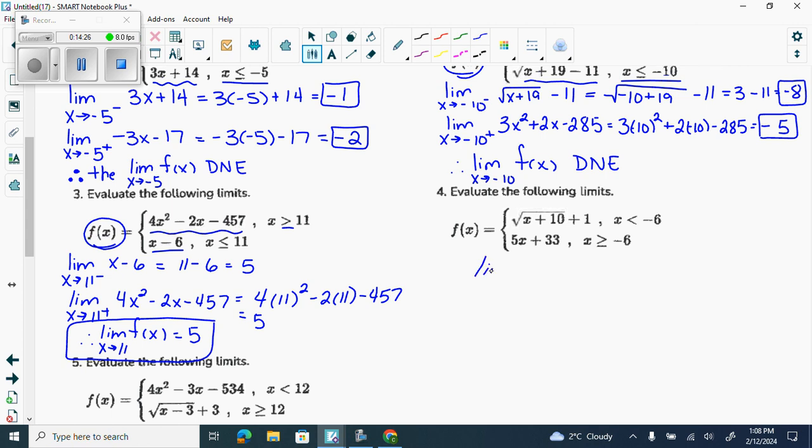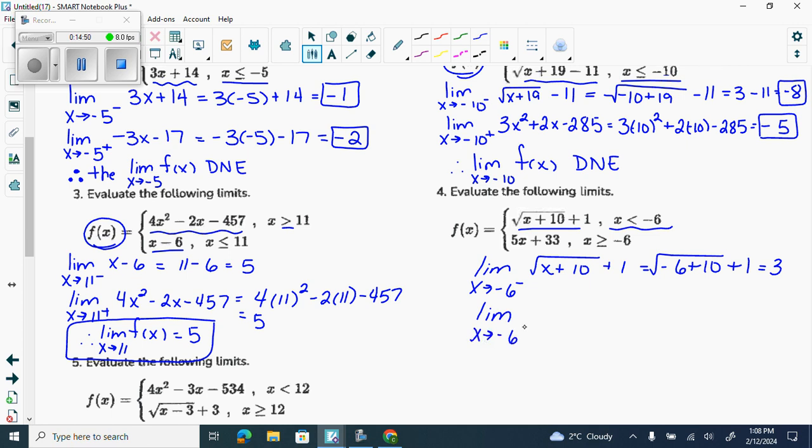And then we have the limit as x approaches -6 from the left. This is the less than now. So we get square root x plus 10 plus 1, which is -6 plus 10 plus 1, which is 3. And we have the limit as x approaches -6 from the right, greater than this one.